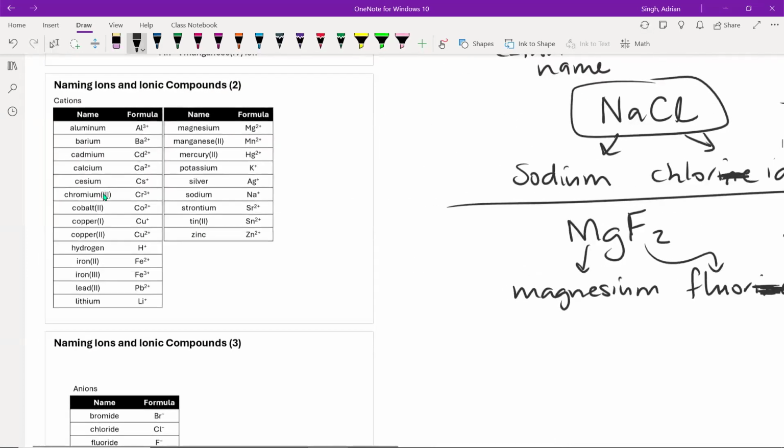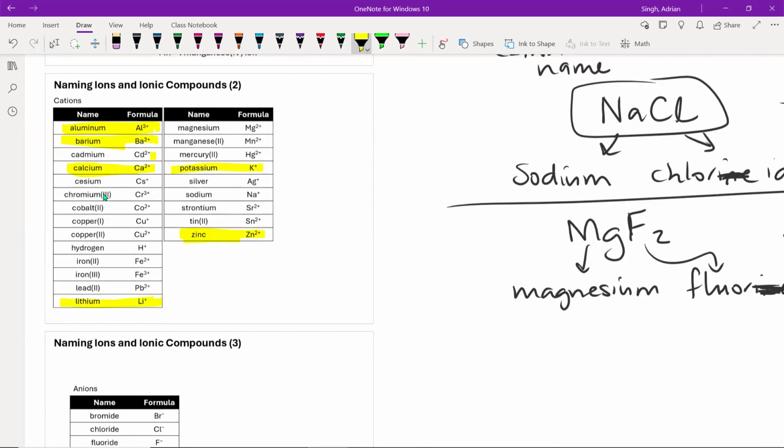So if I have my metal ion, aluminum would just be aluminum ion or just aluminum. The Ba2+ is barium. Ca2+ is calcium. We see potassium K+, zinc 2+ is just zinc. Lithium + is just Li.